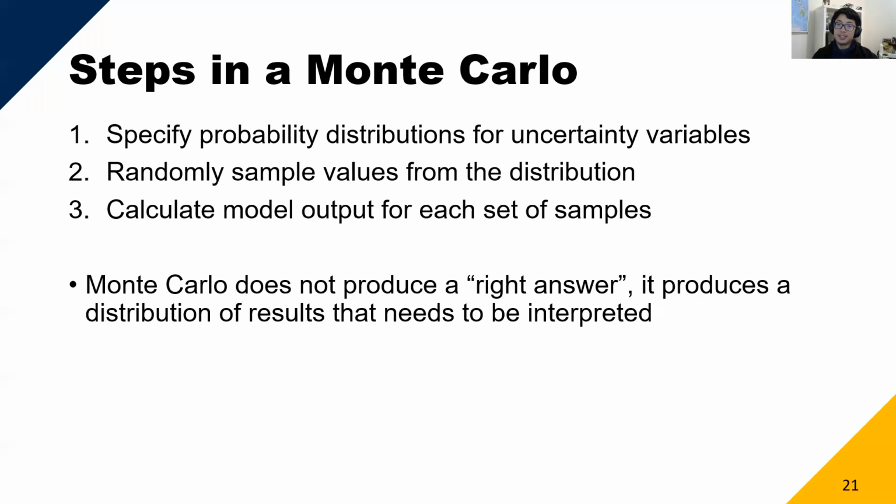The way this works is that you randomly sample values from your input distribution, and then you run through your entire model calculation, and you do this again and again until you end up with many answers, and those many answers construct an output distribution.